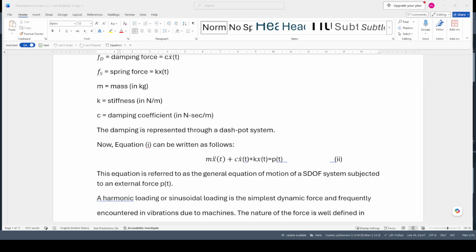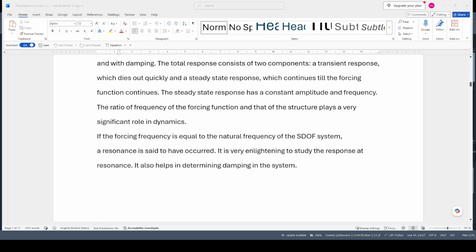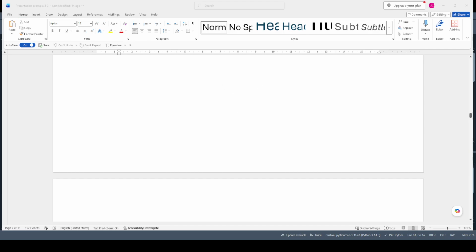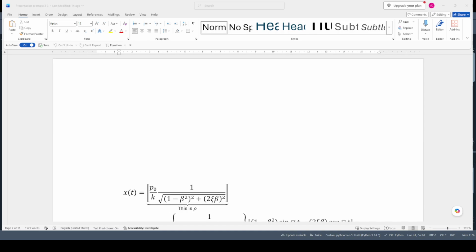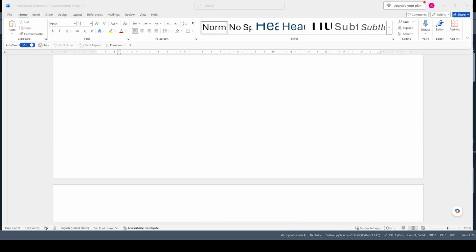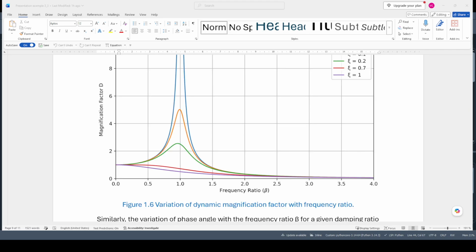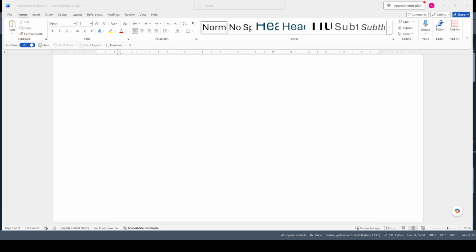So we can write the second order differential equation. In the case of a damped system, we can rewrite this equation in this way.